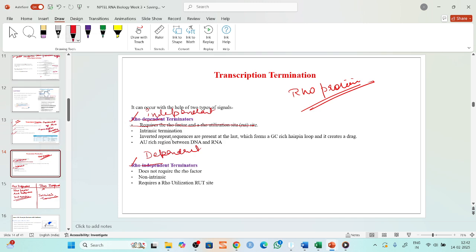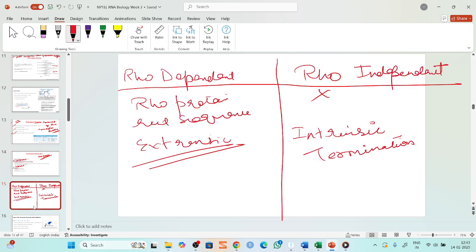Since it is an intrinsic termination, there is an inverted repeat sequence present at the end, which forms a GC hairpin loop and creates a trap. So what happens over here in rho independent is that some hairpin loop formation occurs at the end of the transcription, which helps in the termination of the transcription process.